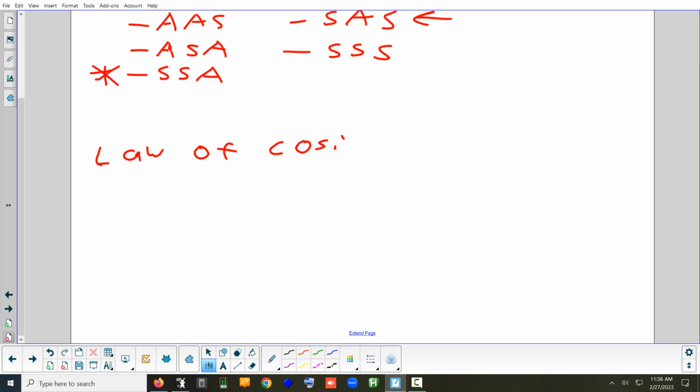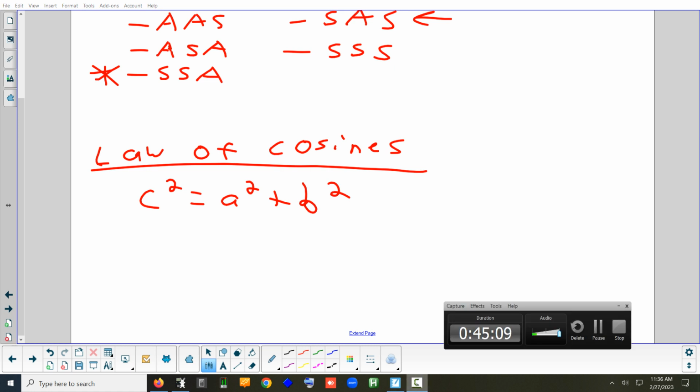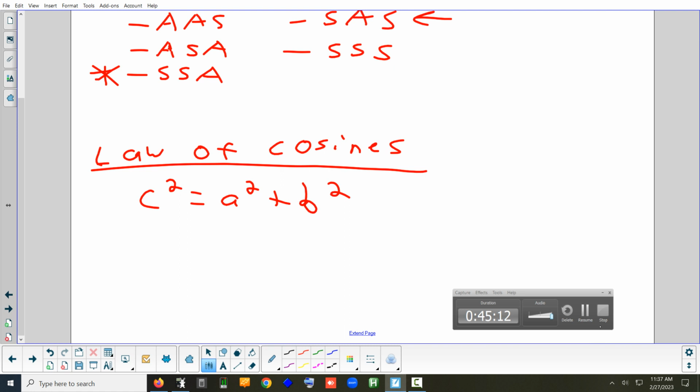What did you say the Pythagorean theorem was? A squared plus b squared equals c squared. I'm going to write it the other way because it's just easier for me. If we had a right triangle, we could use that formula. But we don't, so we need to make an adjustment. Normally I go through the proof of that adjustment, but we're not going to go through the proof right now.